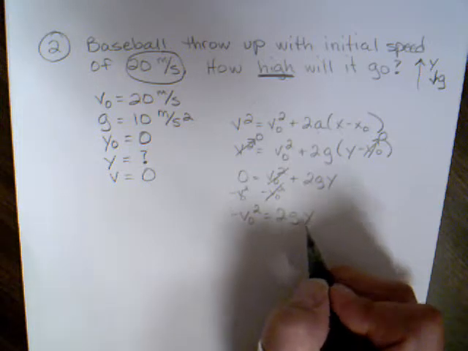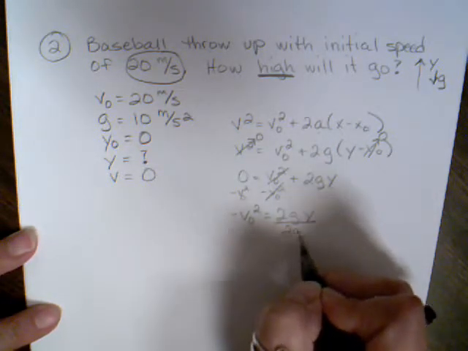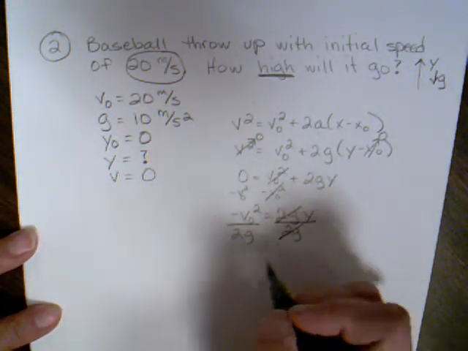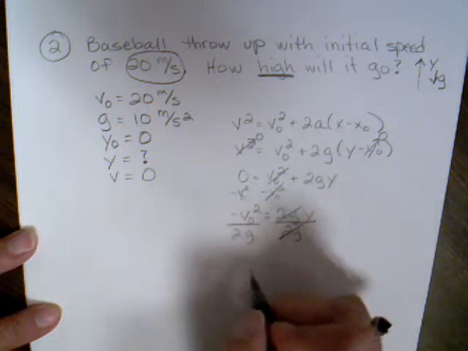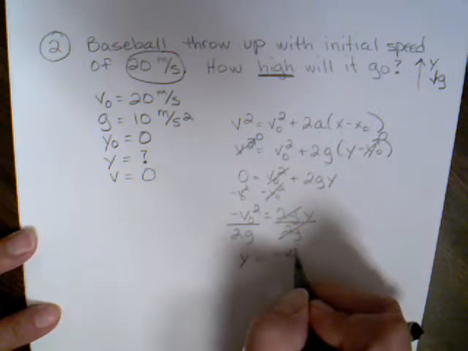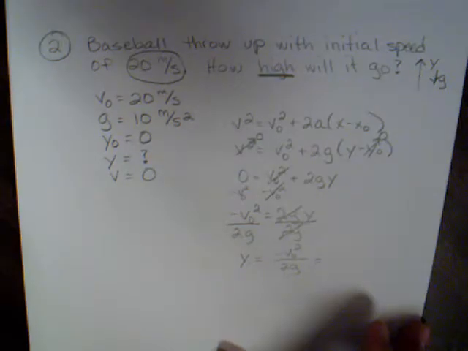And then I'm going to move 2g by division. I end up with y equals minus v naught squared over 2g. I can then plug in my numbers.